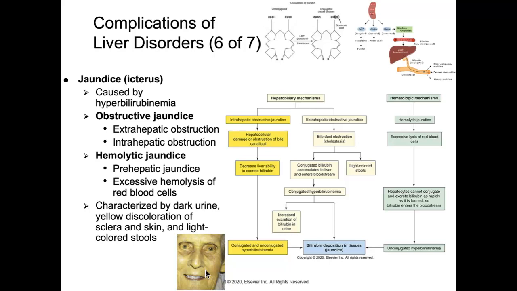So to diagnose this, we're going to look at the serum levels of bilirubin, conjugated and unconjugated, and see if there's a history of cirrhosis, hepatitis, diseases of the gallbladder, or pancreas disorders. And for treatment, we want to find out what the cause is and treat that.